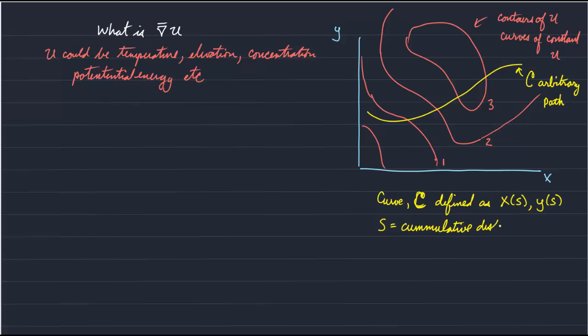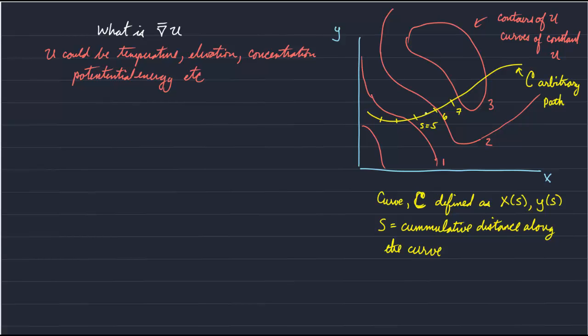And s is the cumulative distance along the curve. So we might mark off little tick marks of distances along the curve, and at one point s might be 5, the next point it may be 6, the next point it may be 7, and so forth.